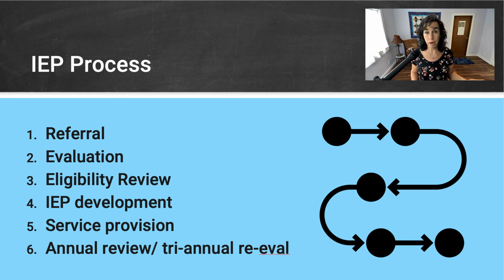Maybe we were direct and now we need to be indirect. So we may change services. We may recommend for discharge. So we're making recommendations. We come back together at this annual review and we decide for the next year what's going to happen in terms of this student's educational program.